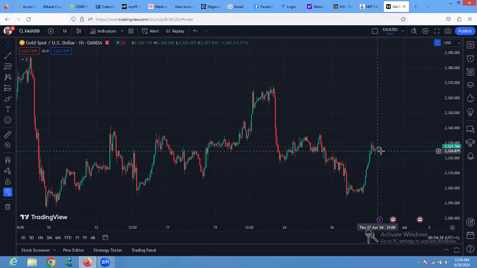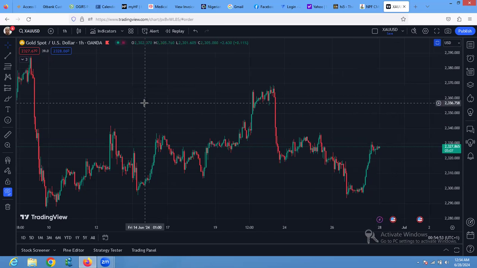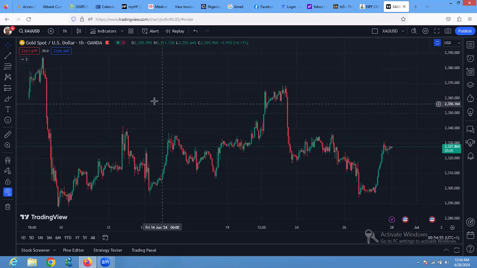So this is not a recipe for a deep correction. This is still a recipe to break the top again. So we have to wait for gold. If we are going to pick another buy entry, we need for this to break up, correct more deeply before we go long again. So that's on gold.